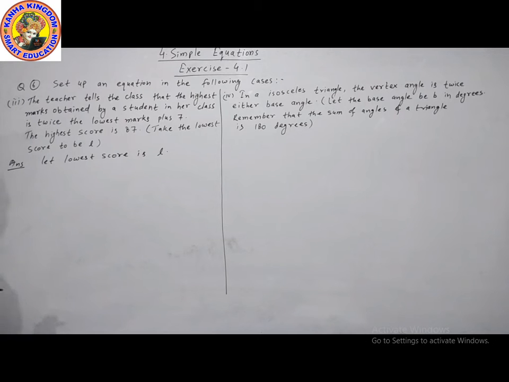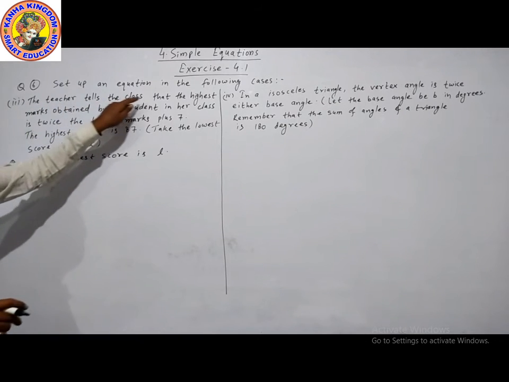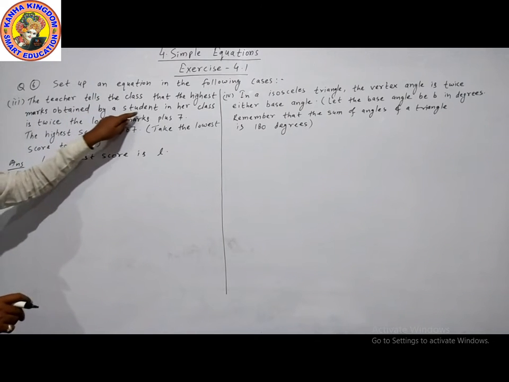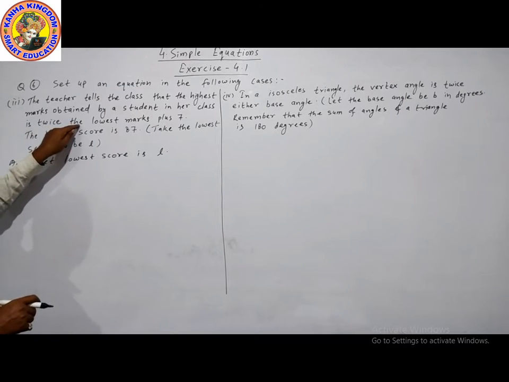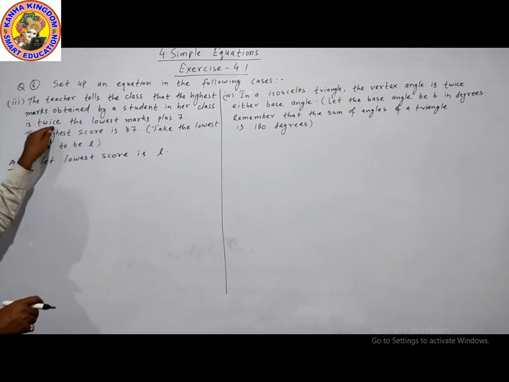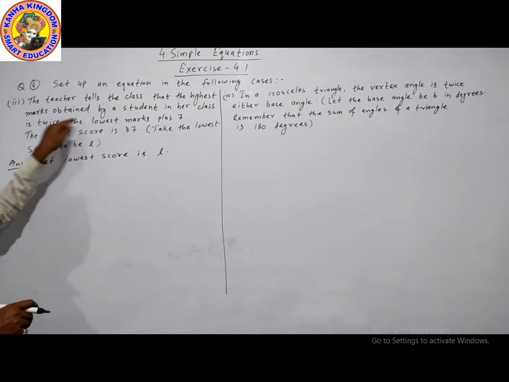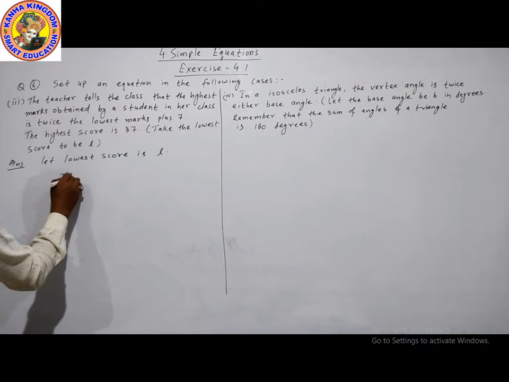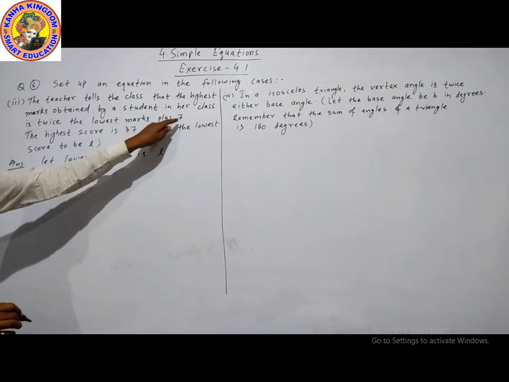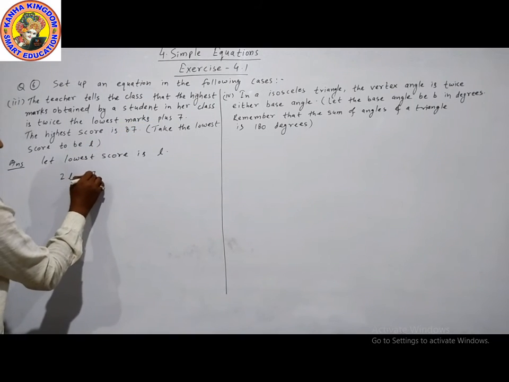Now reading the statement: the teacher tells the class that the highest marks obtained by a student is equal to twice the lowest marks. Twice means 2 times the lowest. Lowest is L, so 2 times L, plus 7.